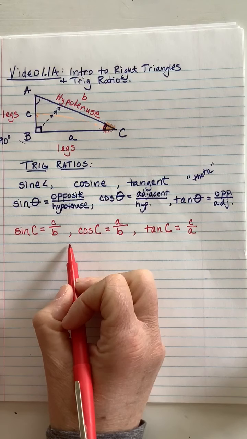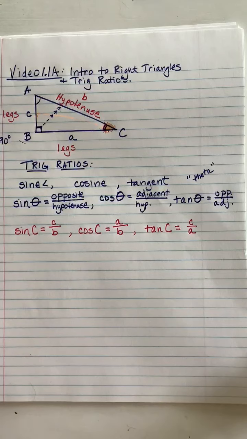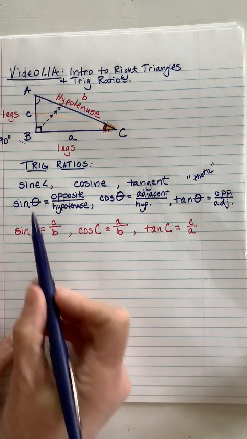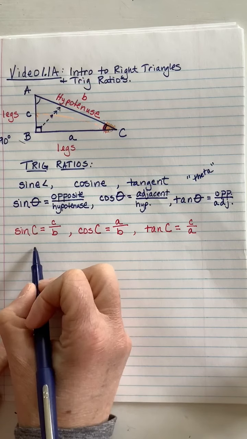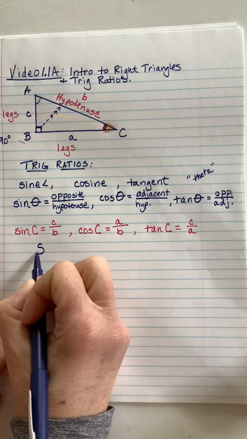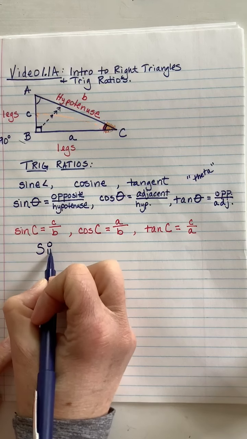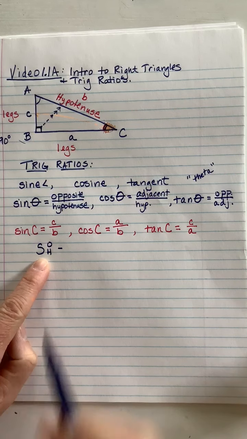I'm going to do one more. Actually, before I do one more, I forgot the quick way to remember this. This is very wordy if you look at that. And most of you kind of remember that in order to remember sine, we're going to look at SOH. I write that maybe a little differently than your geometry teachers do, mainly because my kids can never remember which one goes on top.